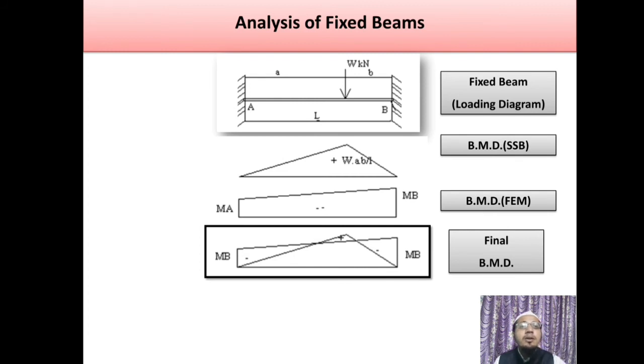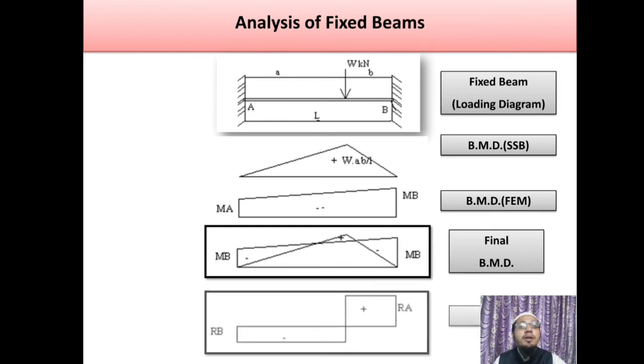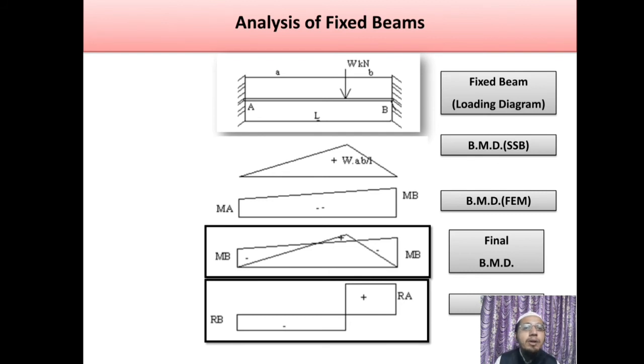The diagram will be two simple rectangular portions. One portion will be below the datum line and another above the datum line. Above the datum line we show it with a positive sign, a positive shear force diagram, and below the datum line a negative shear force diagram. So the shear force diagram will be like this.